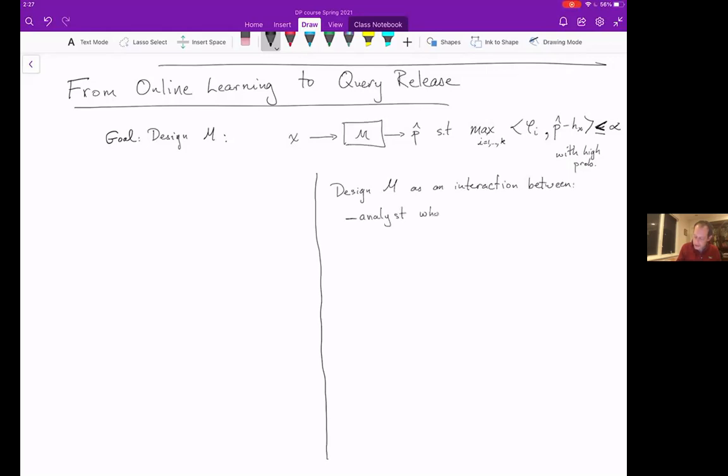And the analyst is going to propose a sequence of candidate synthetic data distributions, P1, P2, up to PT. These will be distributions over the space of possible data records.